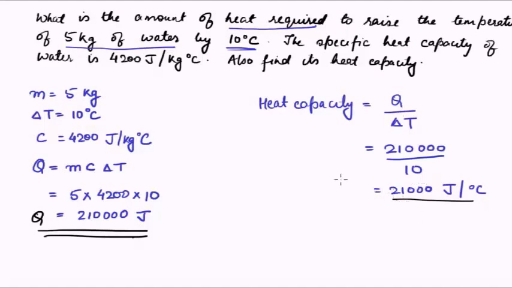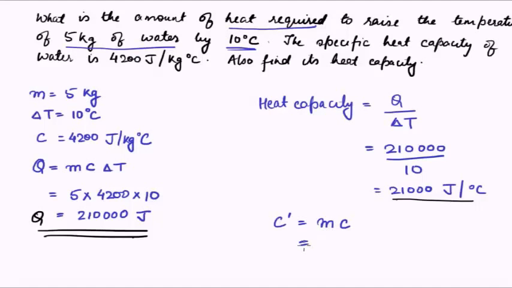We can alternatively find the heat capacity by using the relation between heat capacity and specific heat capacity. Heat capacity C dash is equal to mass times specific heat capacity. This is the relation which we developed at the end of our lecture.